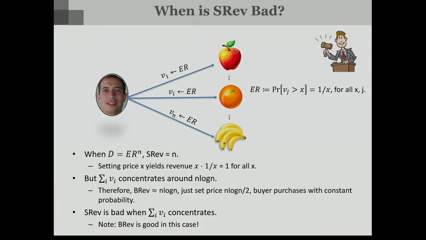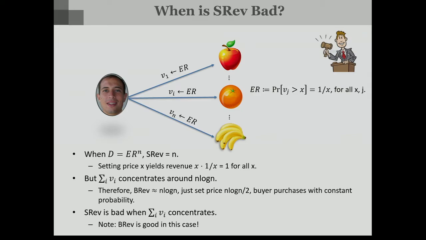This is a distribution such that the probability that the buyer's value exceeds x is exactly 1 over x for all x, for all items. It should be easy to see that if you sell separately, you're going to get revenue exactly n, because you're going to get 1 per item. No matter what price you set for each item, if you set price x, it's going to sell with probability 1 over x, so you get revenue 1 per item.